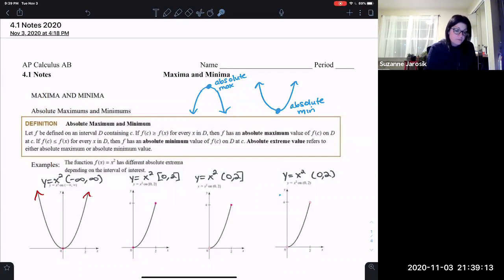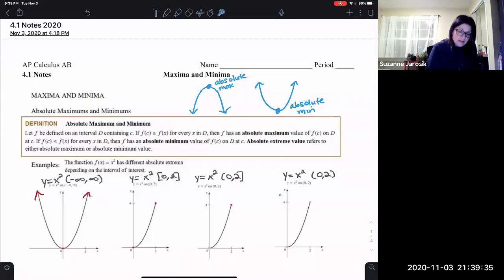All right, so let f be defined on an interval D containing c. If f of c is greater than or equal to f of x for every x in D, okay, so what does all this mean? This is a y value specifically at c being larger than or equal to anything else in the graph for the whole domain.